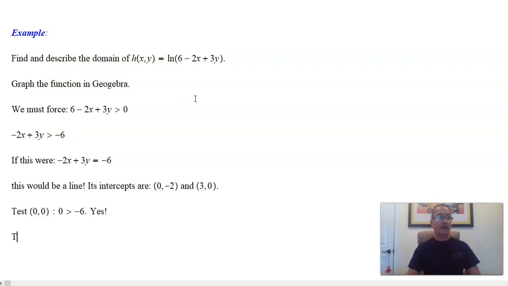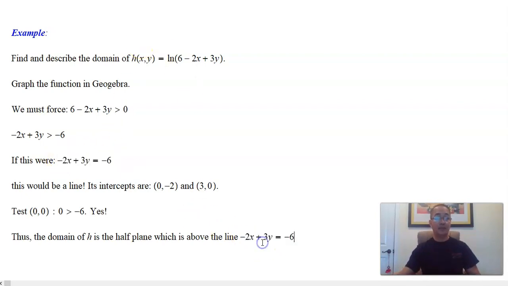Thus the domain of H is the half plane which is above the line minus 2x plus 3y equals negative 6.